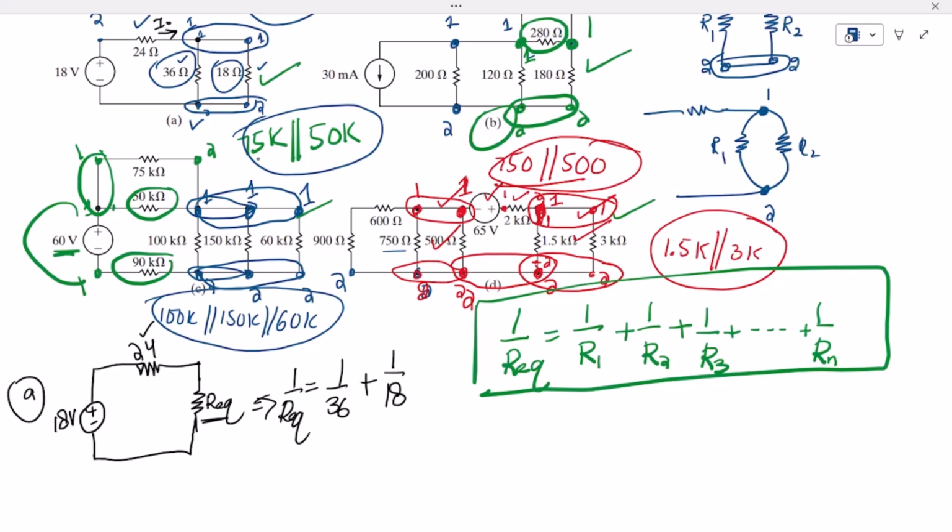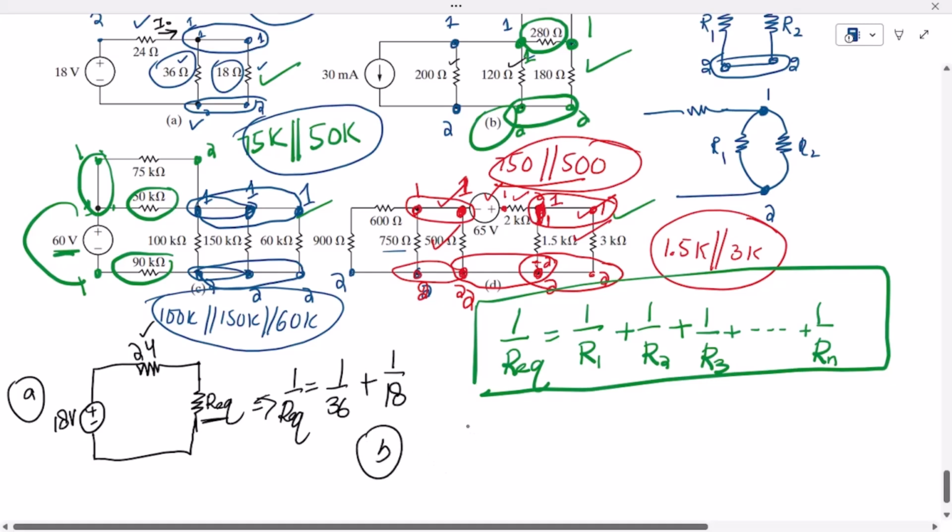This is part A. In part B, we can see that the resistors which are in parallel are this one and this one. So the equivalent circuit will be here, as these two are in parallel with each other.